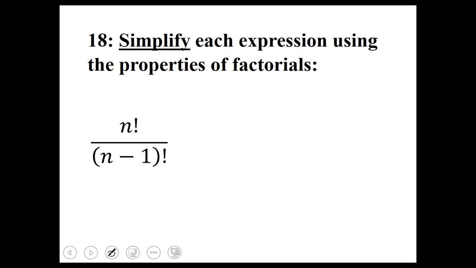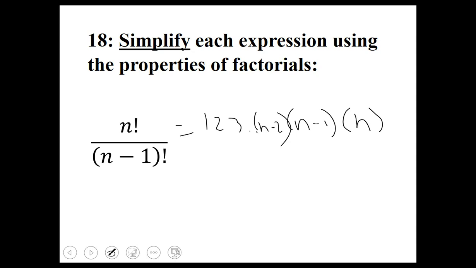Again, number 18, you'd be asking yourself, which of these is bigger, n factorial or n minus 1 factorial? I would hope that you would know that n is a bigger number than n minus 1. And again, you're trying to figure out how much bigger. So consider n factorial starts 1, 2, 3. The largest number in n factorial would be n. 1 smaller than n would be n minus 1.